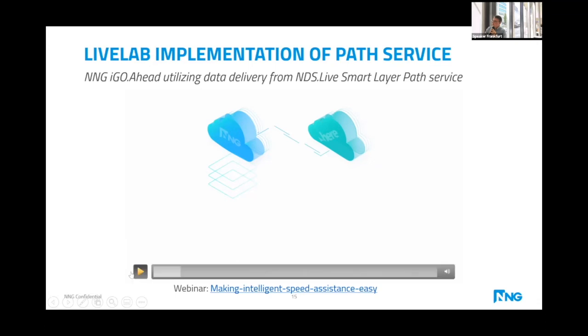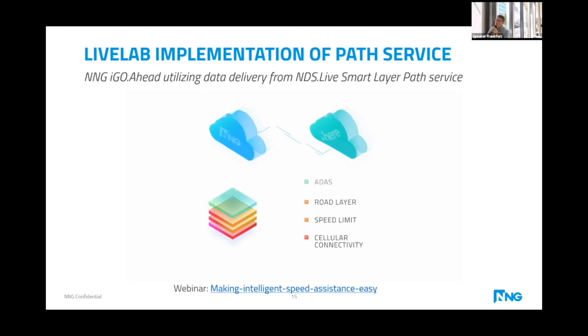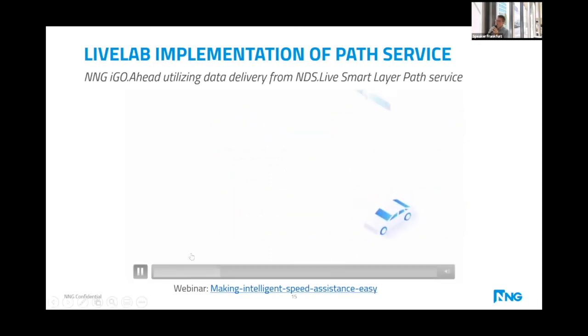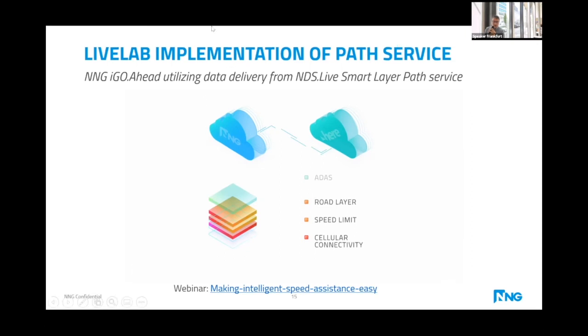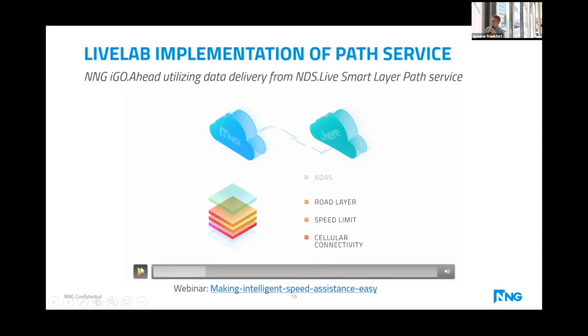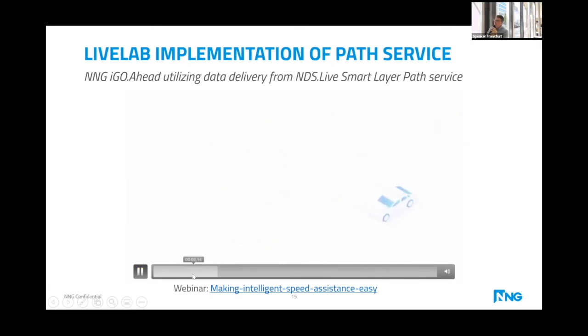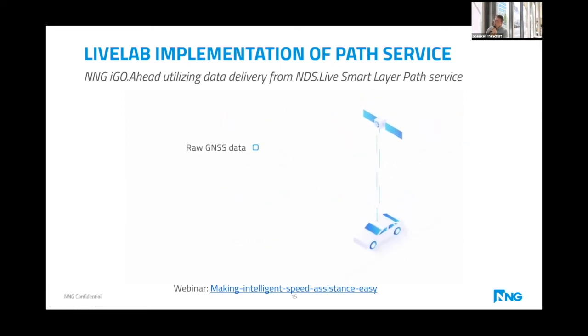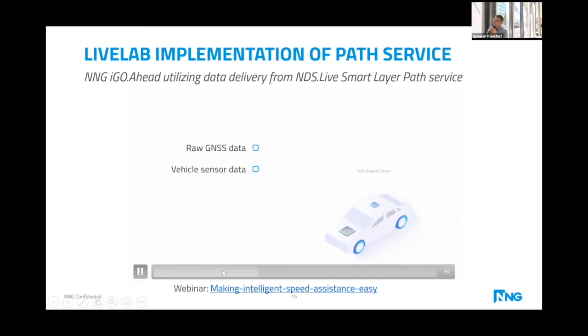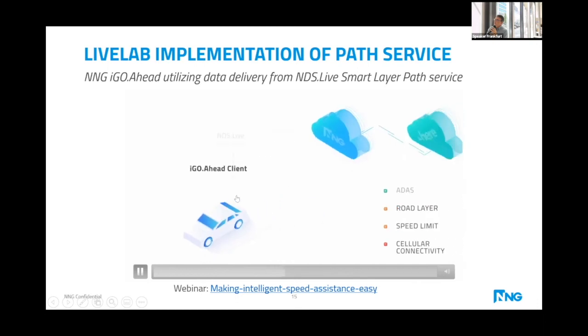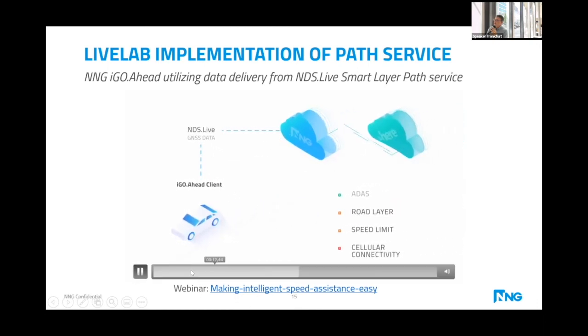For that, we need the data layers as a data publishing service. In this case, the data layers are published by HERE, and they are proxied to the NNG cloud. Then on the client side, we have the positioning, and the vehicle pose is then sent from the client to the NNG service.